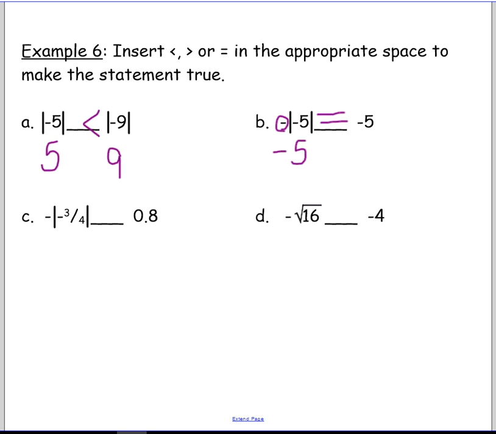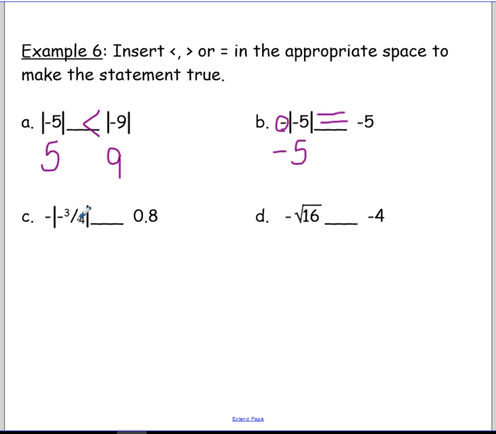For C, we have a fraction and a decimal compared. So let's get them both in the same form. I like to change my fractions into decimals because if I went to both fractions, I would need a common denominator to be able to compare them, and it's just a lot more work.